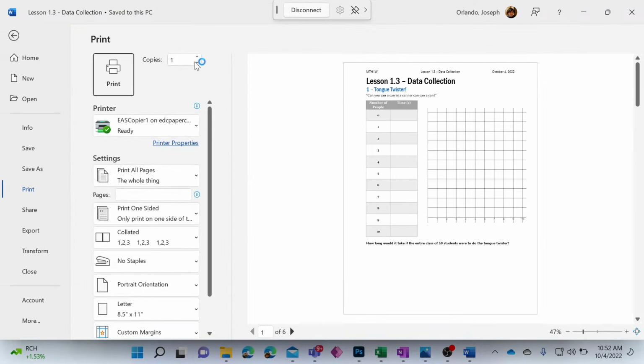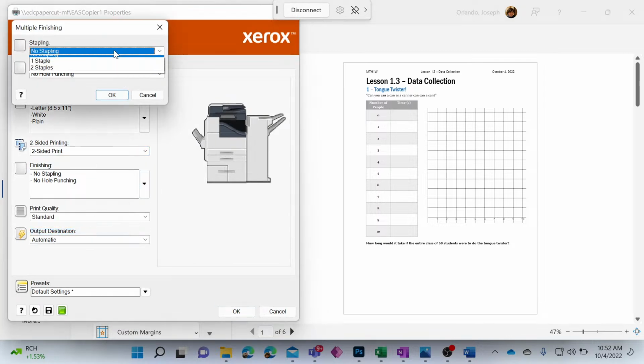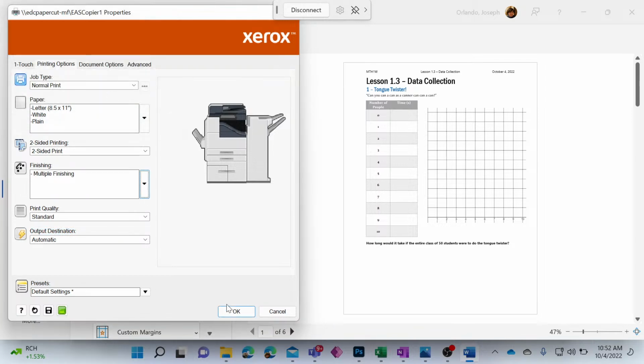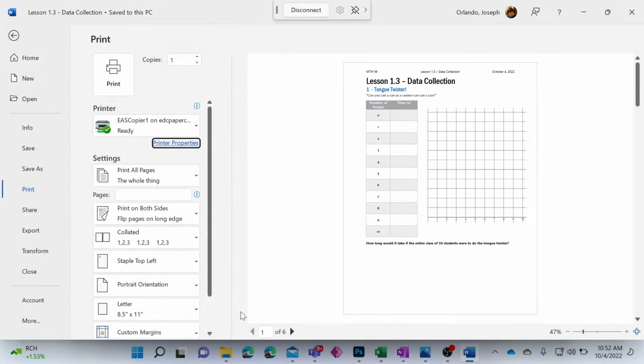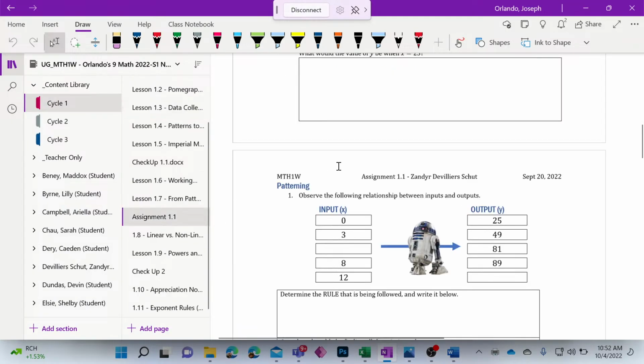Okay, so we're going to print this to copier 1. Hey guys, how we doing? Wunderschön. How was your morning? It was a morning. What do you have in the morning? I have English and then math. English, then math. And what's your period 2? History. That's right. I knew that. Mr. Bowtie Man.